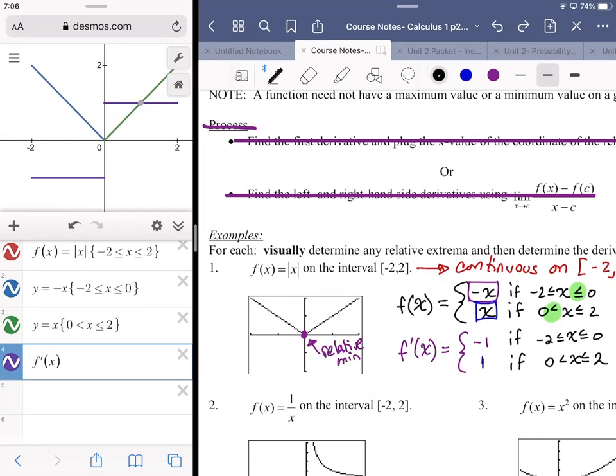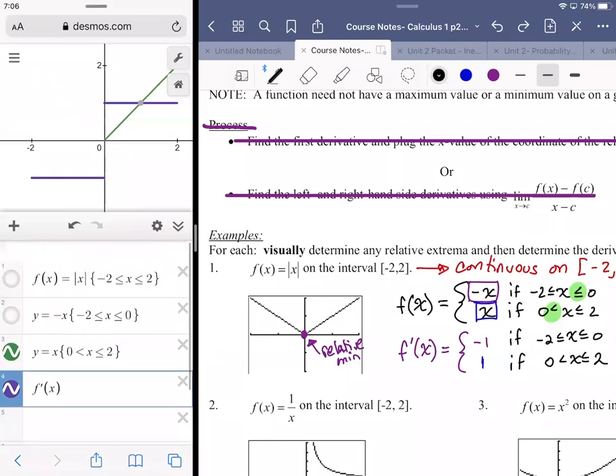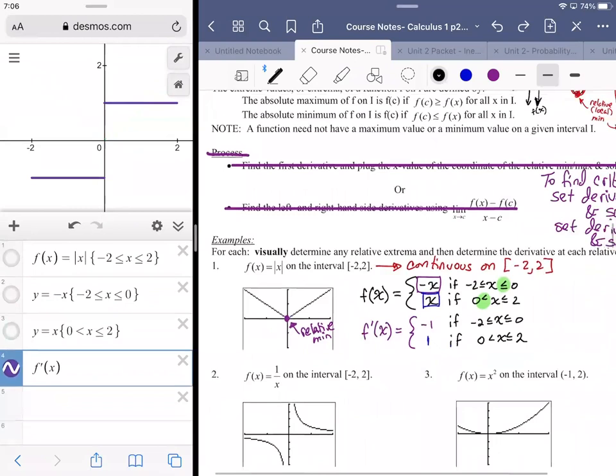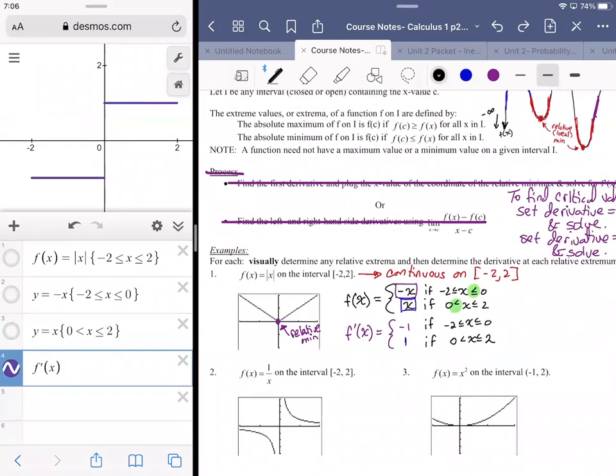It didn't know. So it's saying, all right, well, I'm just going to put open circles at both of them because you didn't tell me, even though we did, but it's confused. So we're responsible for that. But I'm going to turn off my original functions here. Just looking at the derivative here, what is the derivative at each of these relative extrema?